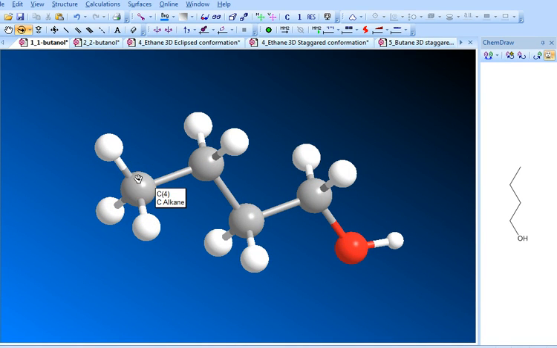109 degrees is the natural bond angle for carbon when it is singly bonded. If it is doubly bonded, as I'll show you in the alkene structure, the natural bond angle for carbon is 120 degrees. If it is triply bonded, the natural bond angle is 180 degrees, so the molecule is linear.